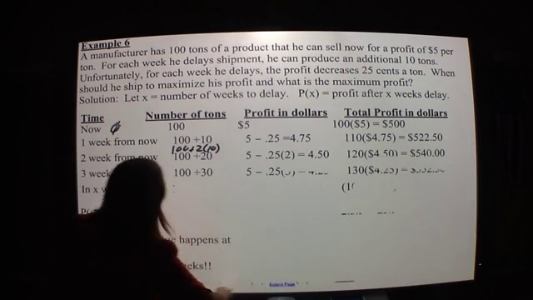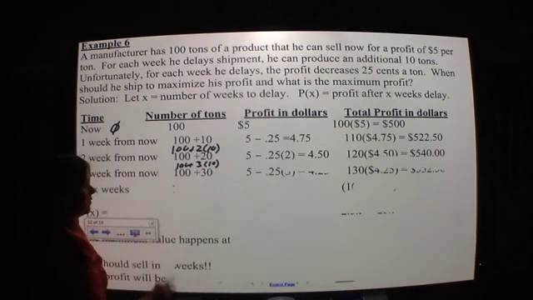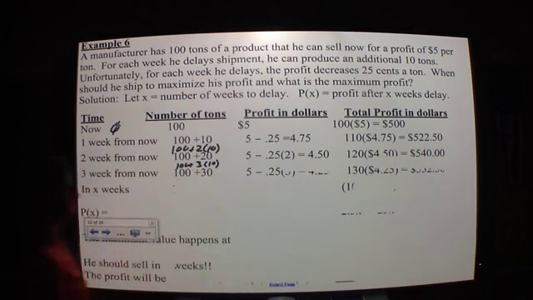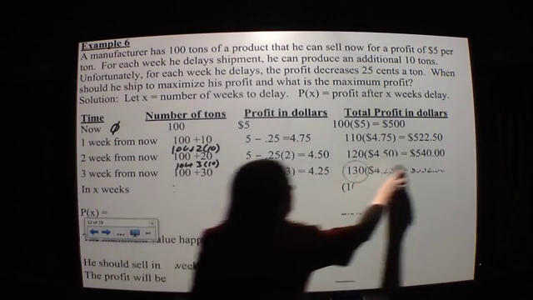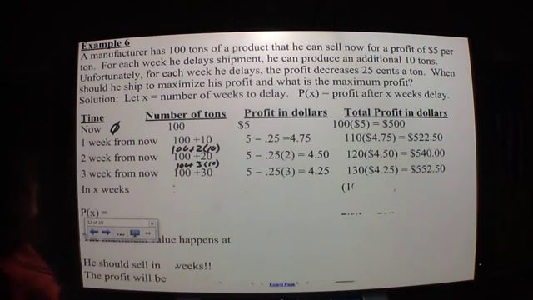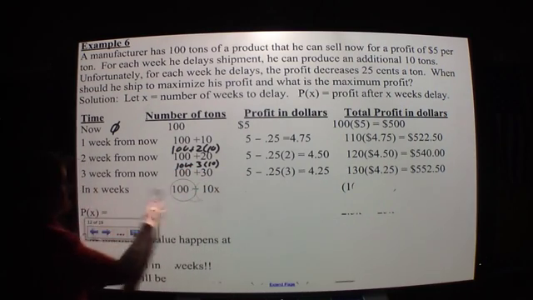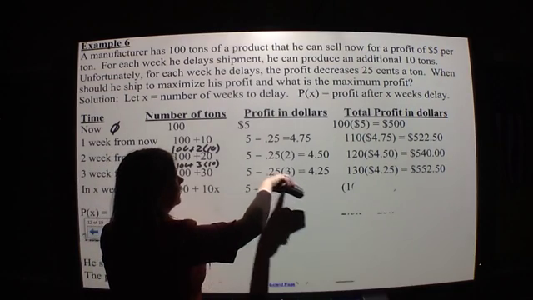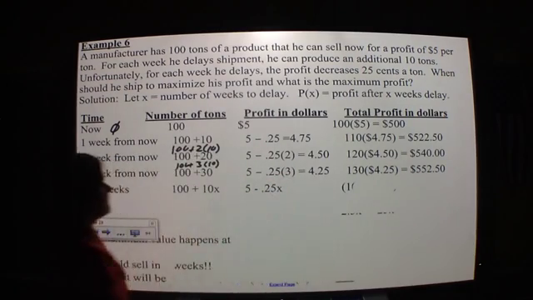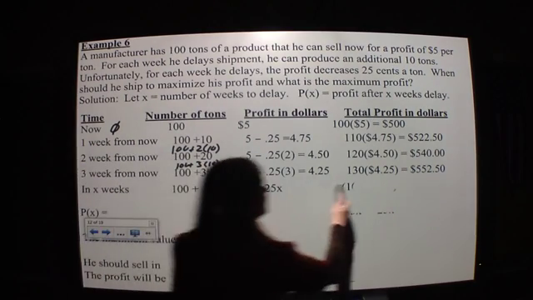And this one, think of it as 100 plus, I delayed 3 weeks, so I can make 10 tons extra per week. And there's my total profit and so forth. So if this is 1, 2, and 3 weeks, if it's x weeks, it would be 100 plus x times 10, or 10x. And my profit would be 5 minus 25 cents times x. And if I multiply the two, that'll give me my total profit.